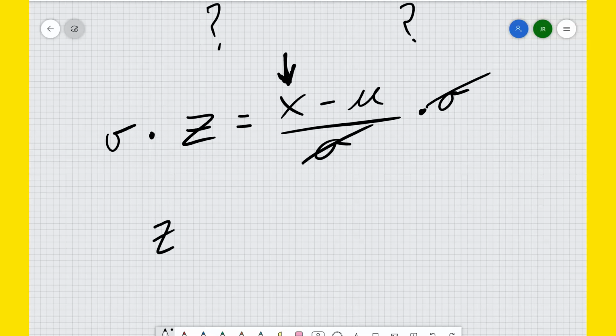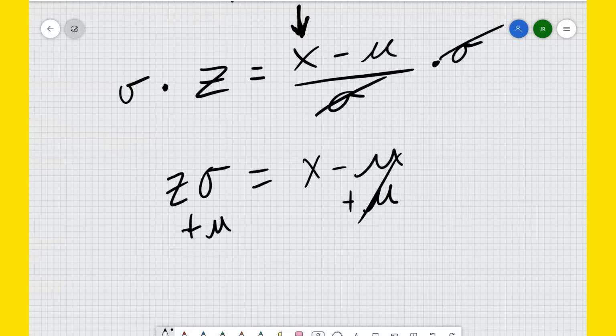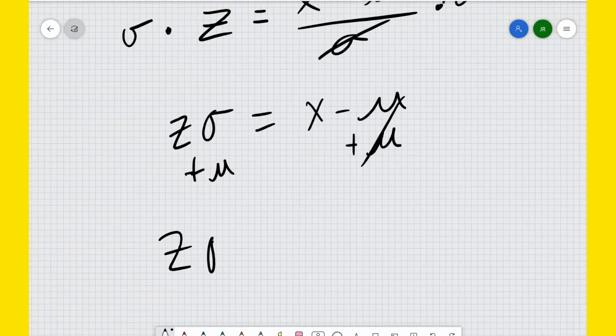So I've got z sigma equals x minus mu. Then we want to get rid of the mu. Well, we just add mu to both sides. And that gives us x. So z sigma plus mu equals x. So now the formula is solved in terms of finding x.